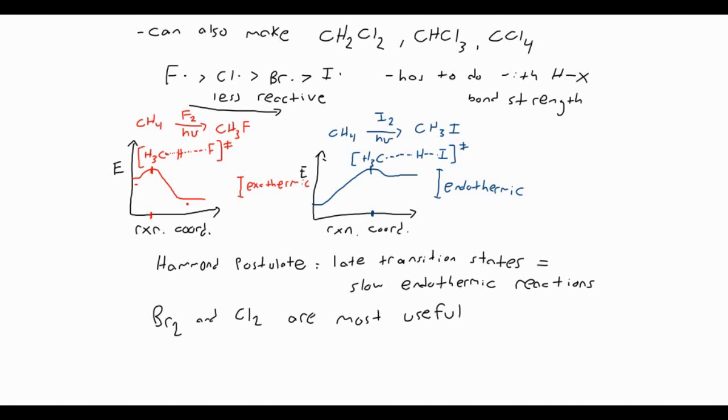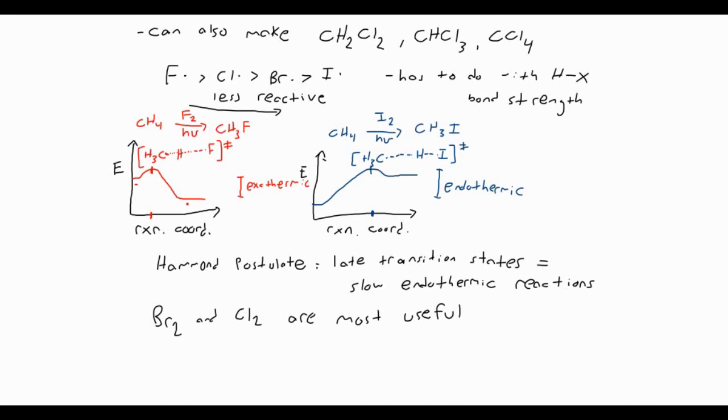Because this reaction with fluorine is so exothermic and so fast that it could actually become dangerous, produce so much heat and kind of run away. Whereas the reaction with iodine is so slow and so endothermic that nothing really happens. So it's very difficult to get iodine to actually do anything.